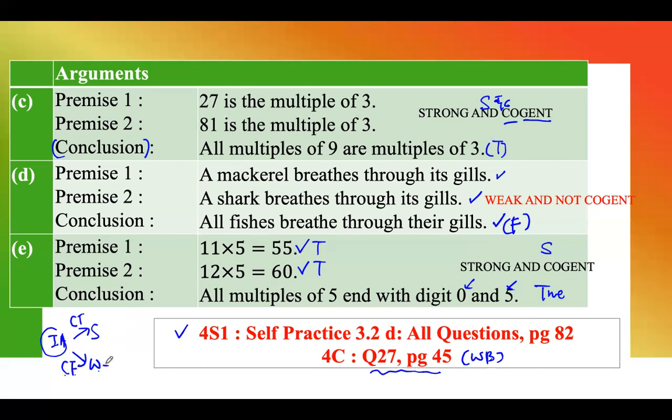So weak goes with not cogent. Strong goes with cogent if all the premises are true. If one of the premises is false, then it's not cogent. So that is to summarize the inductive argument: weak, strong, cogent, and not cogent.